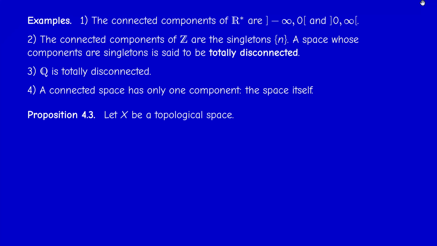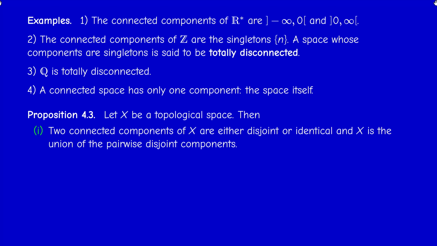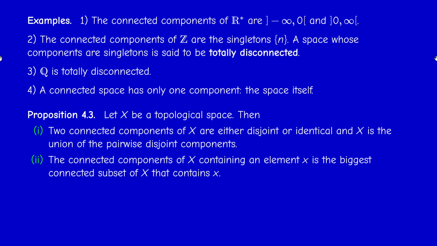Now, let us record some basic properties of connected components. If you have a topological space X, then two connected components of the space are either disjoint or identical, and the whole space is a disjoint union of these components. So we have a partition of the space into components.